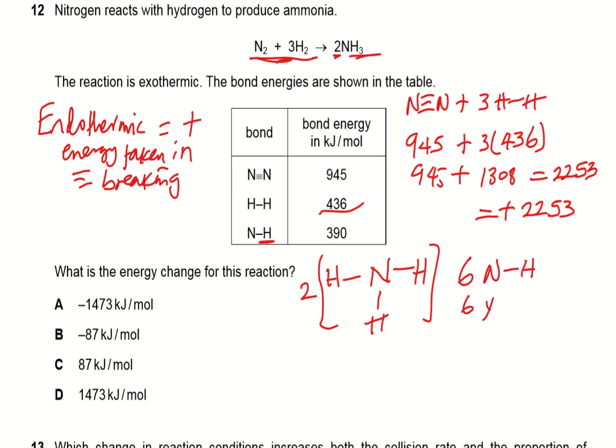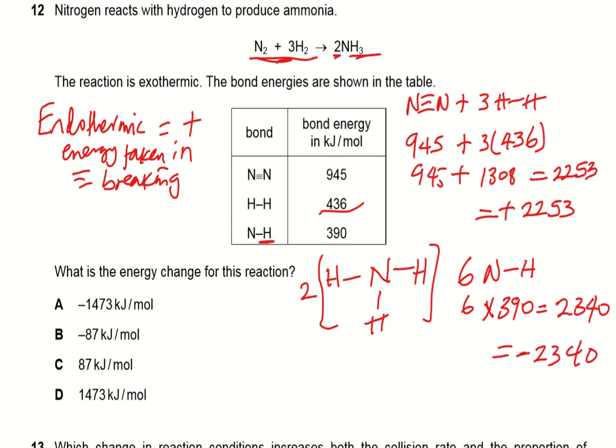So 6 times, what is the value there? 390. 6 times 390 should give me 2340. But because bond formation releases energy, this value is going to be a negative value.